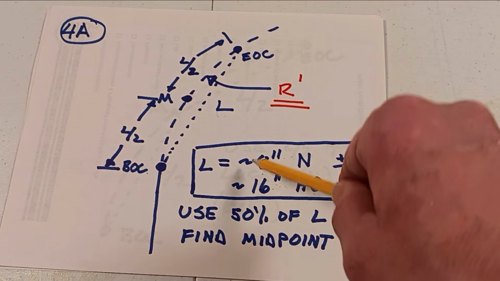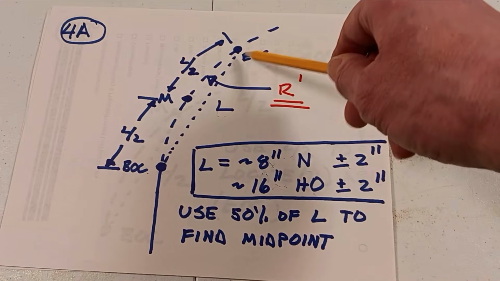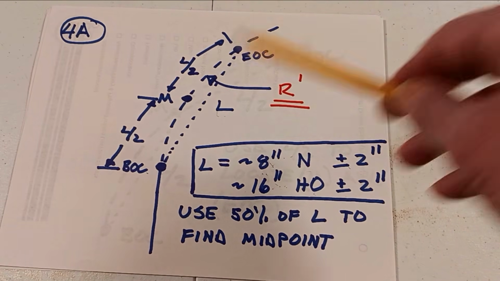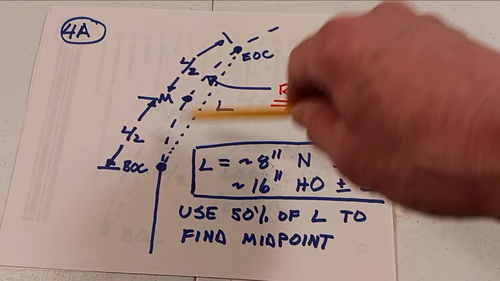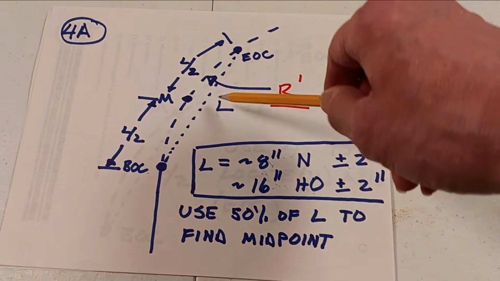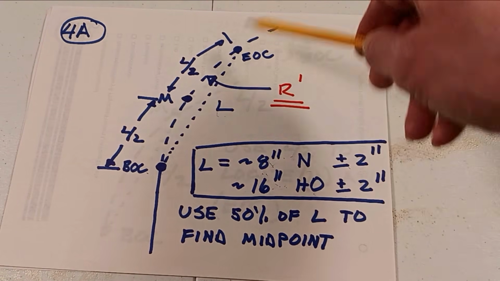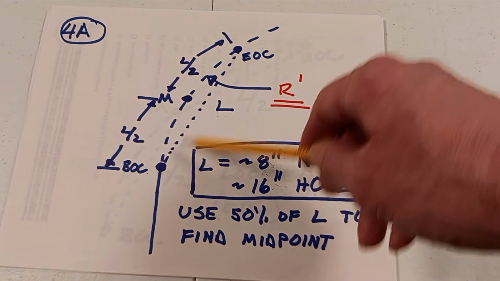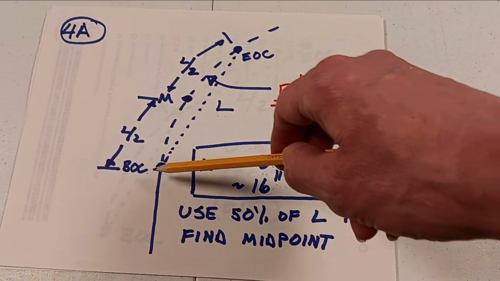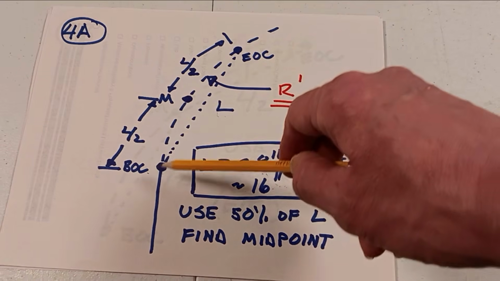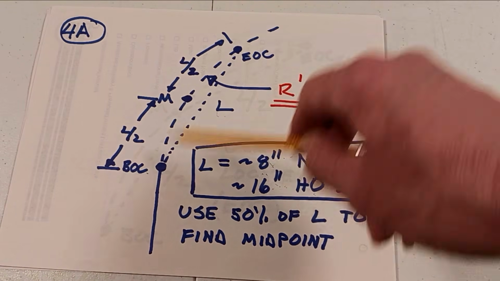It is better to have some sort of transition easement than none at all. Conversely, if you have the ability to extend this L further, that's okay too, because the longer you extend this L, the broader that transition curve, the more smooth it will be.